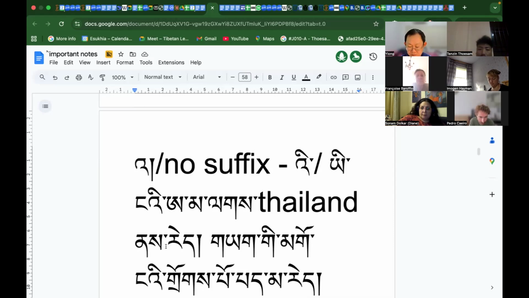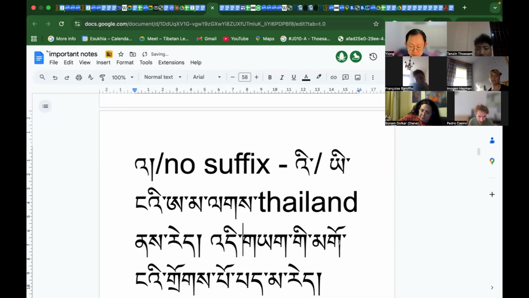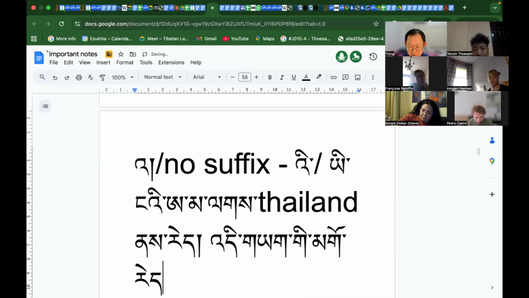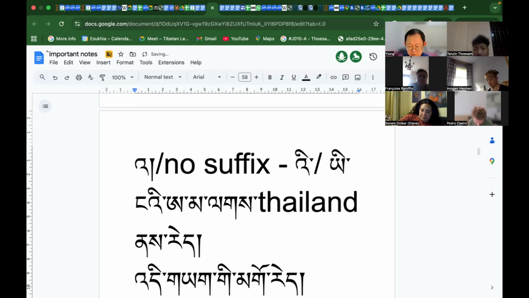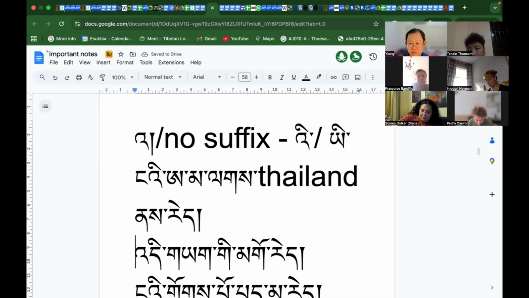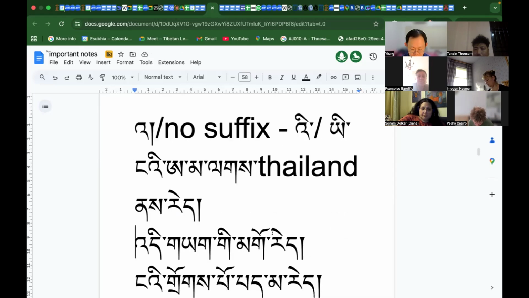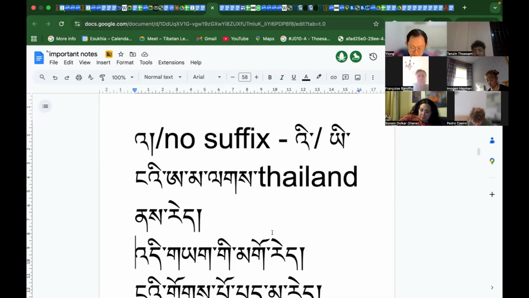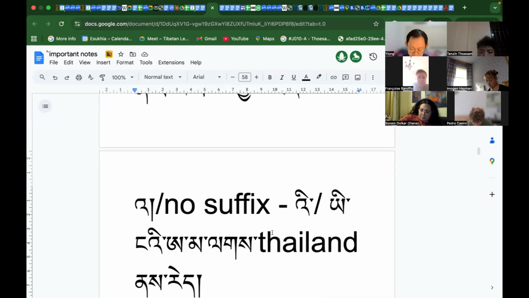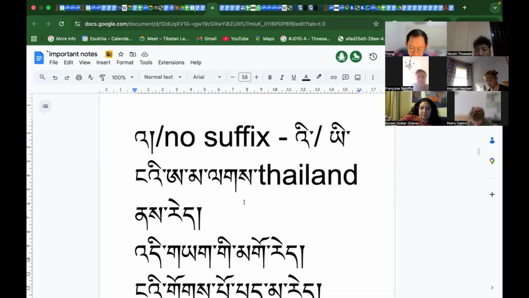Now, if you want a full sentence, yaki go re. This is identifying. This is yak's head. You identified it. Something like this.